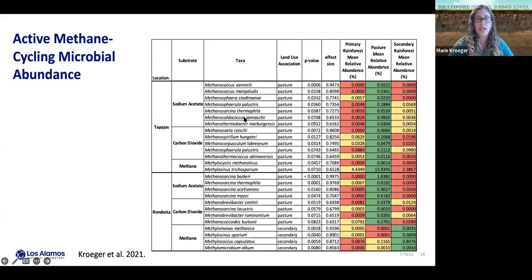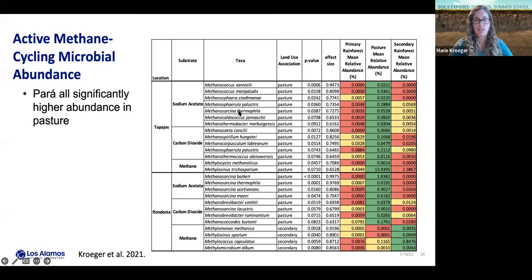Then looking at specific microorganisms that are associated with the methane cycle, we found that in the Tapajós in Pará, whether it was methanogens or methanotrophs, all were actually in higher abundance in the pasture compared to primary rainforest and secondary rainforest, which was surprising.